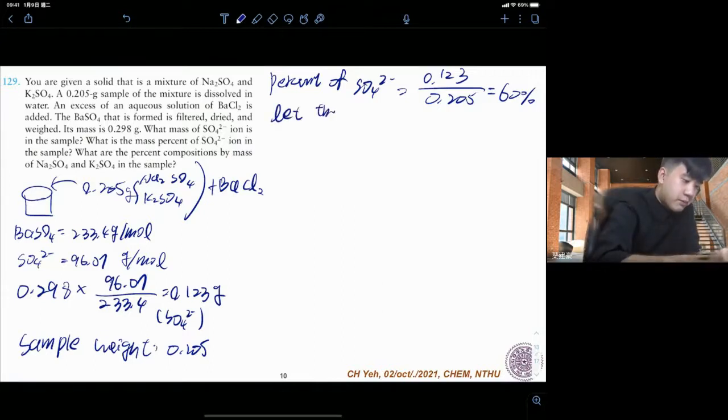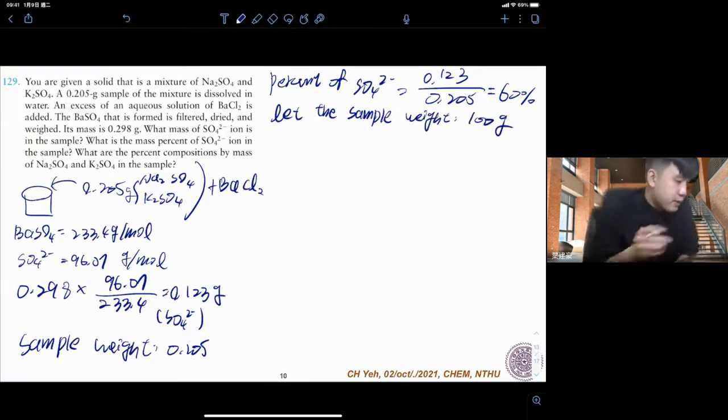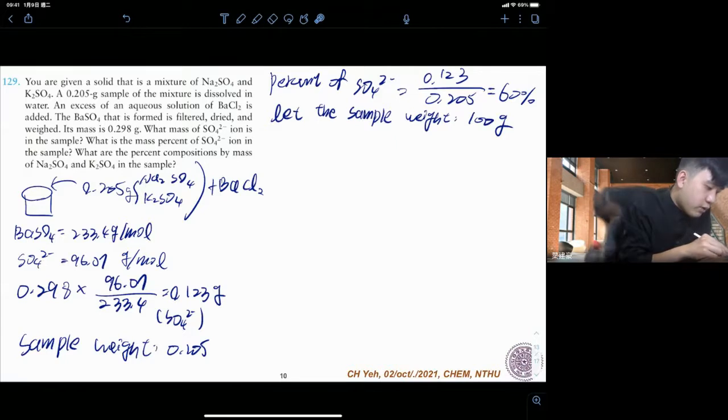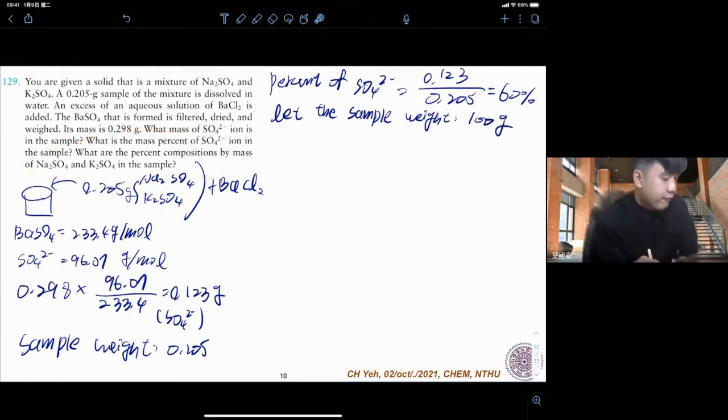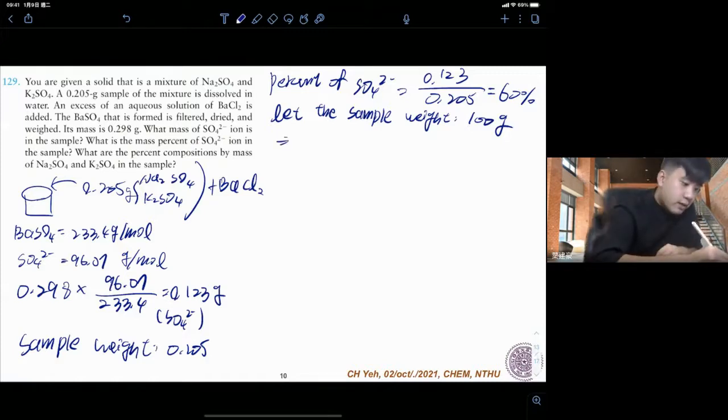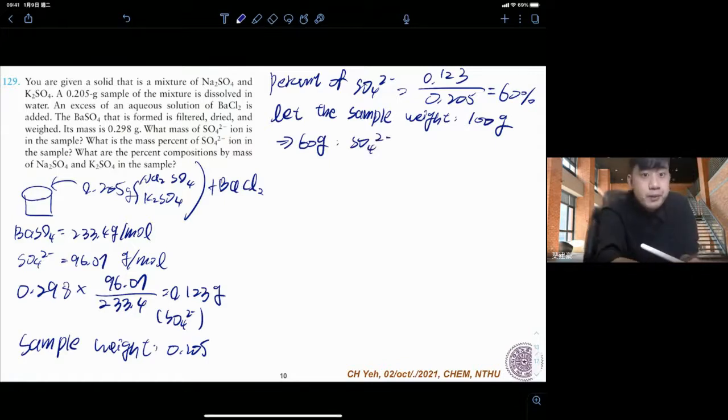Let the sample weigh 100 grams. Why do we do this? Because the final question only asks about the percent composition by mass. We don't have to calculate the real number, so we just use 100 for convenience, okay? So next, we will have 60 grams of sulfate ions. Is that clear enough?